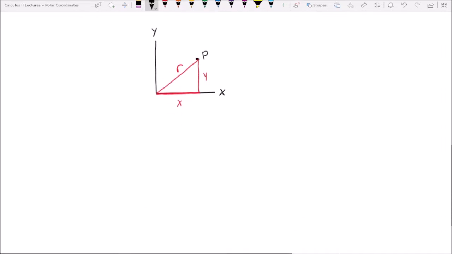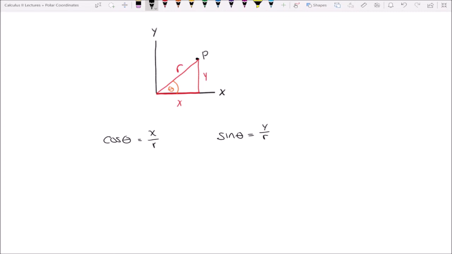Now, from right triangle trigonometry, cosine of theta was adjacent over hypotenuse, so in this case it will be x over r. Sine of theta was opposite over hypotenuse, so y over r.